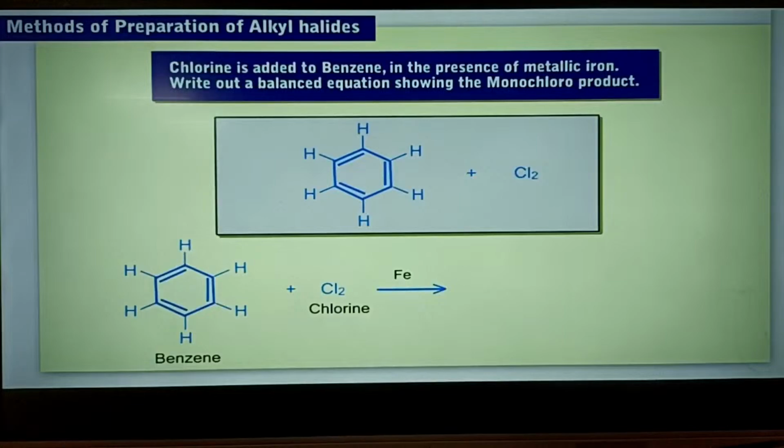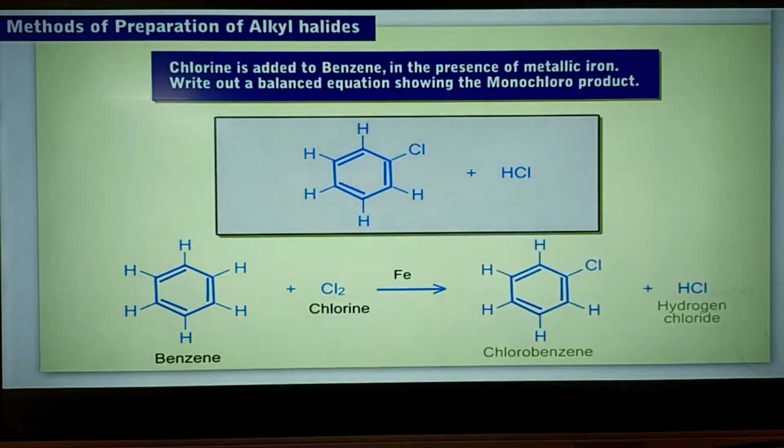Write out a balanced equation showing the monochloro product. Use the balanced equation. All the hydrogen atoms have been explicitly shown to clarify that one chlorine atom replaces one hydrogen atom on the benzene ring. Hydrogen chloride is the other product.